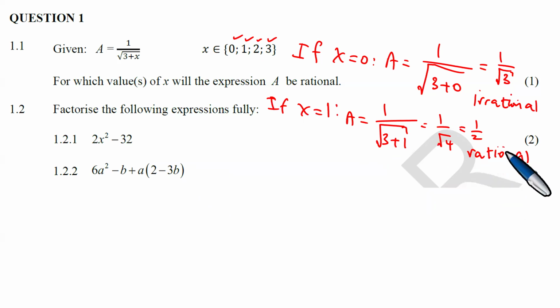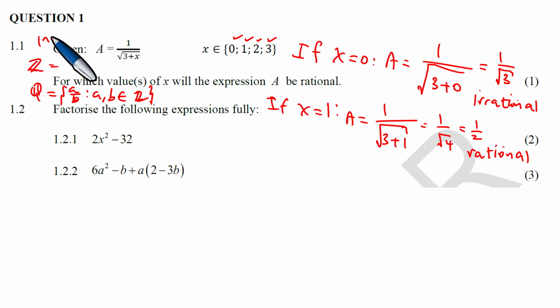What is a rational number in mathematics? A rational number is a number that is formed by an integer divided by an integer. Rational numbers are denoted by the set Q, which contains numbers of the form a divided by b, such that a and b are elements of Z, and Z is the set of integers.